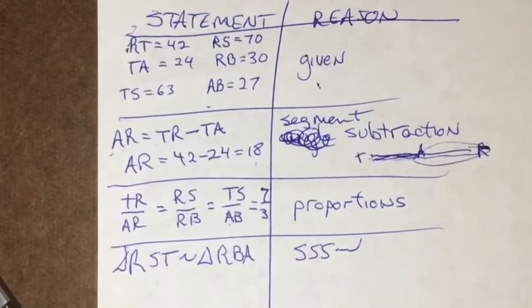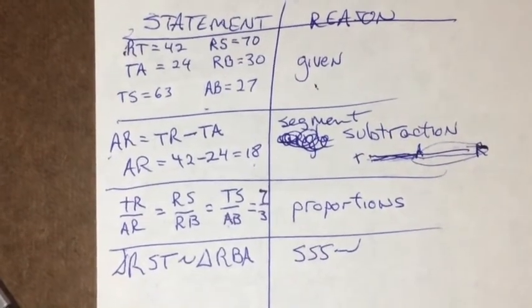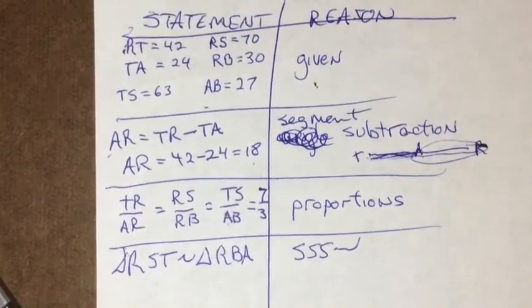The other way to go about it, you still needed to do the segment subtraction to get AR.